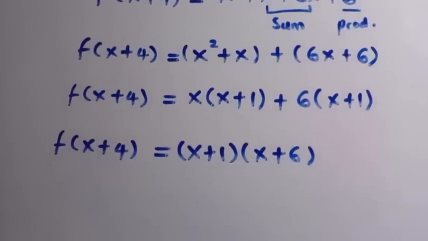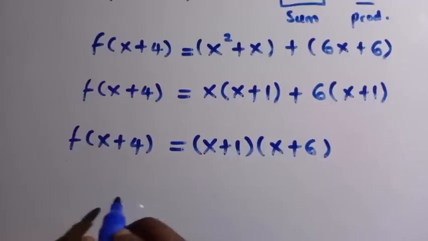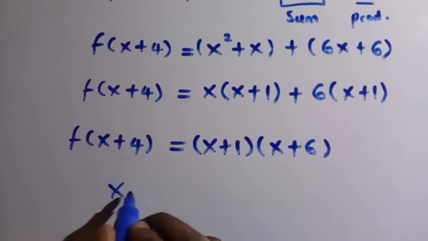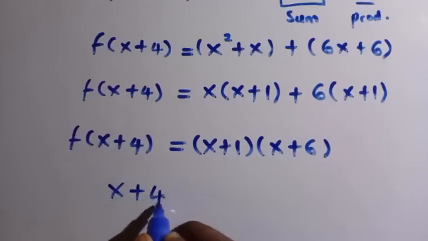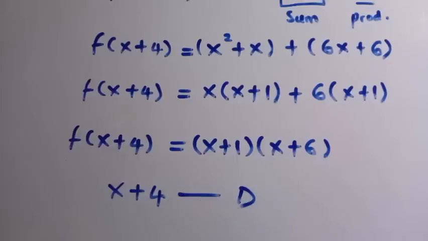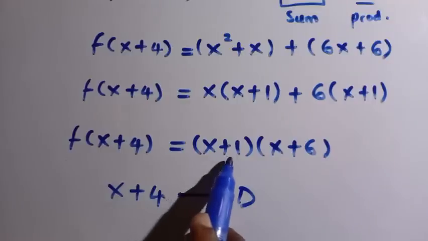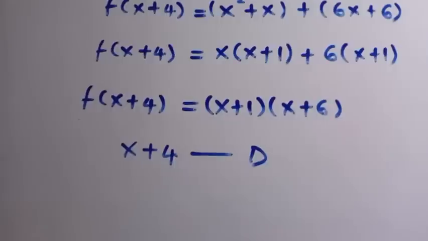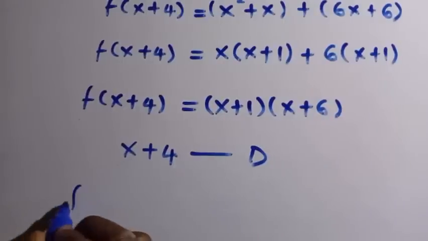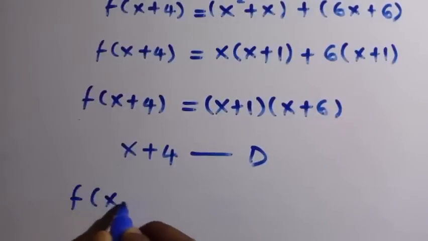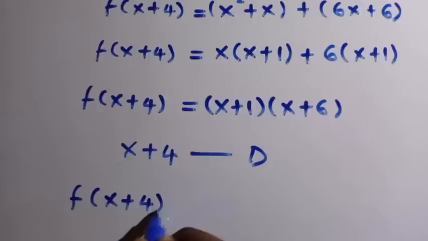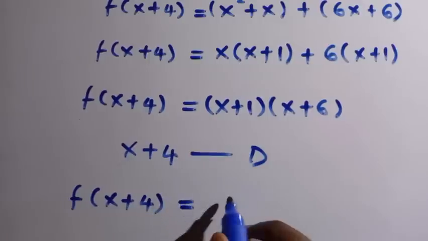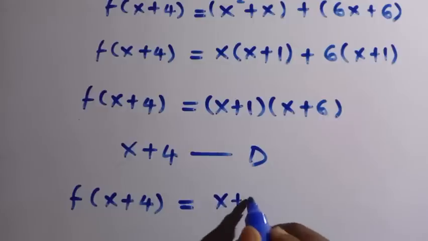So what is left to us is, we have our domain here. Our domain is x plus 4. So this is our domain, and we have to make this one look the same as this x plus 4. And what we do here is very simple. As we have f of x plus 4 equals, if I write this thing as x plus 4, that is what I need.